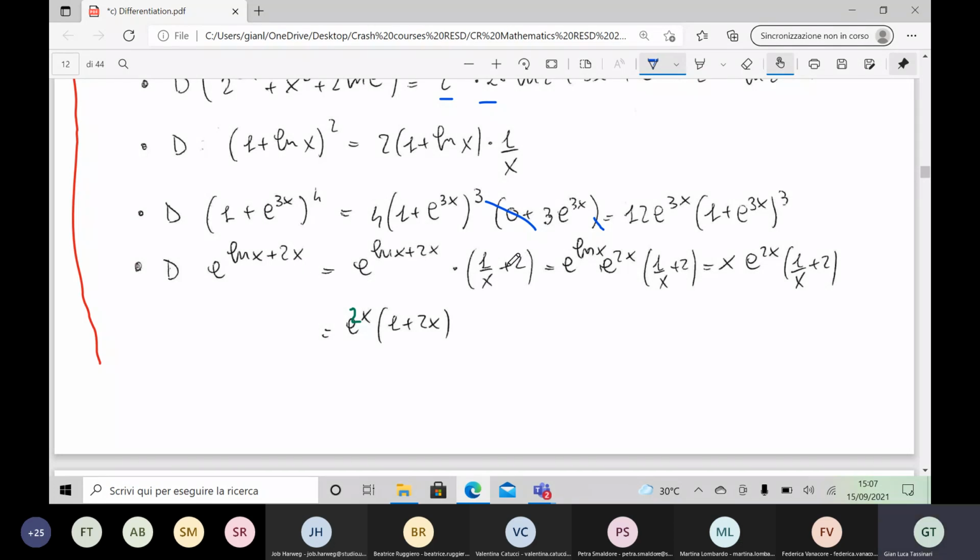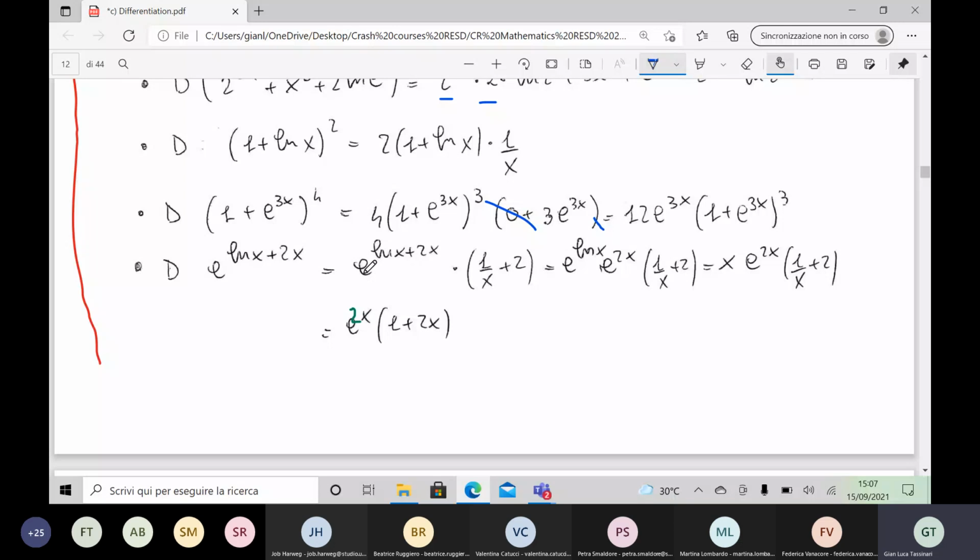You can either stop here, guys, or if you want, see what I did, because I simplified this expression a little bit. Because, guys, you see e to the power ln of x plus 2x can be seen as e to the power alpha plus beta. This is alpha and this is beta.